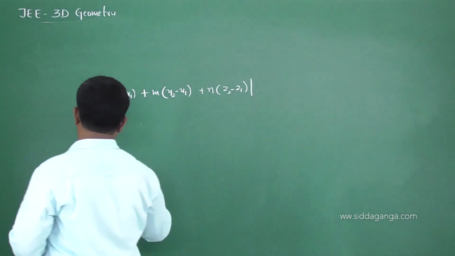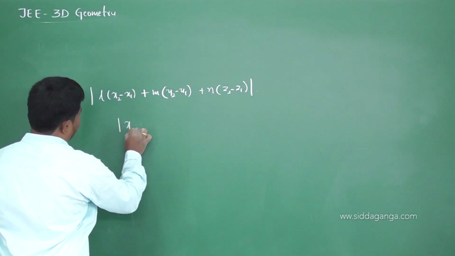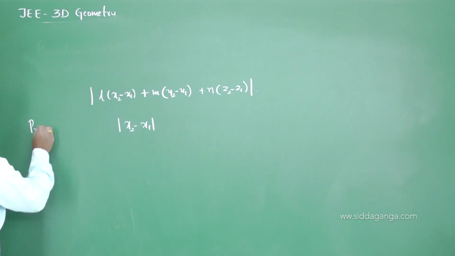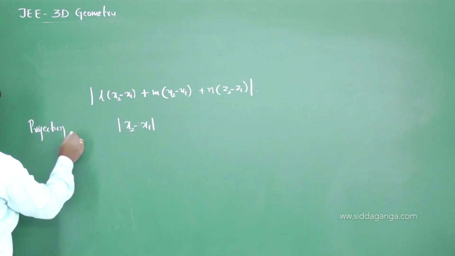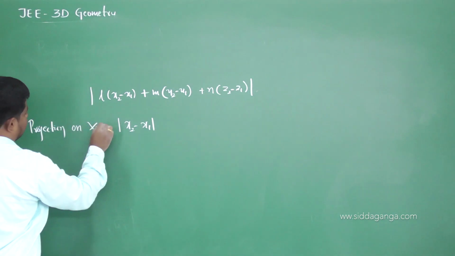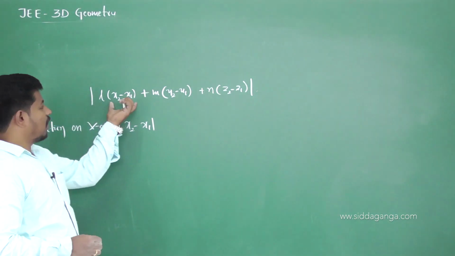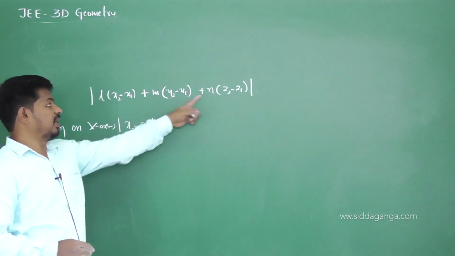Yes, the result is mod of x2 minus x1. This is the projection on the x-axis, because here this is the projection on a line with cosines L, M, N, right?